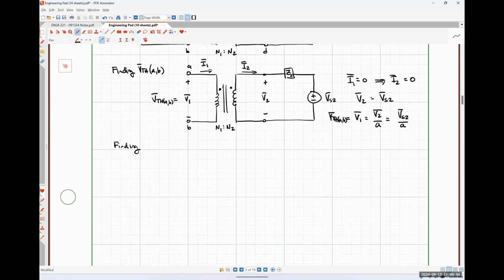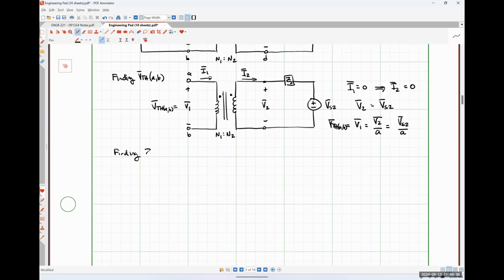Maybe that'll help you wrap your brain around it. All right, so ZTH, A and B. So how do we find the Thevenin equivalent impedance of a network? We need to be looking at a dead network, which means we're going to have to turn our voltage source VS2 off. And that's really about it.